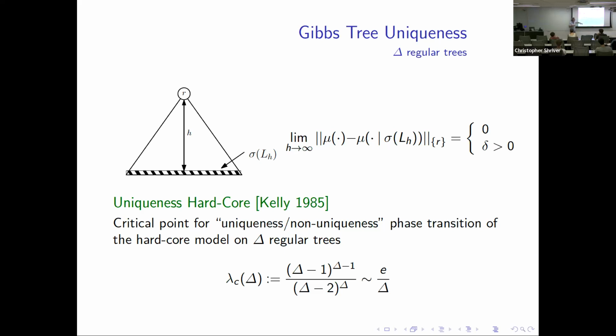It says that if lambda is smaller than lambda critical of delta, then on the delta regular tree you are in the uniqueness region. If your lambda is bigger than lambda critical of delta, then you are in non-uniqueness. There is a similar bound for the Ising model. We are going to see it a few slides later.